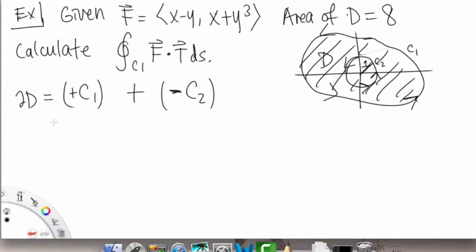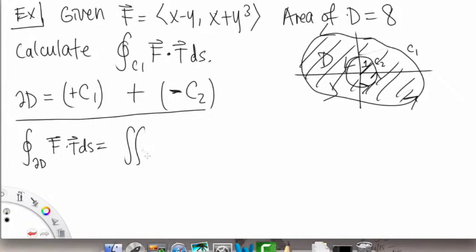Okay, so now let's set up, we'll use Green's theorem, and we have to use this relation here. Green's theorem says that the line integral over the boundary of the domain, F dot T ds, is equal to the double integral over the domain itself of partial F2 partial x minus partial F1 partial y, times dA.